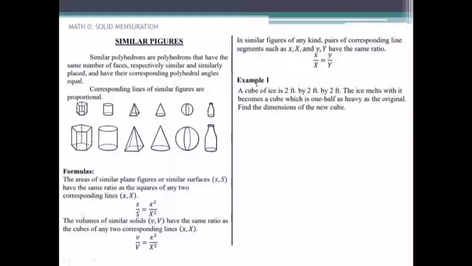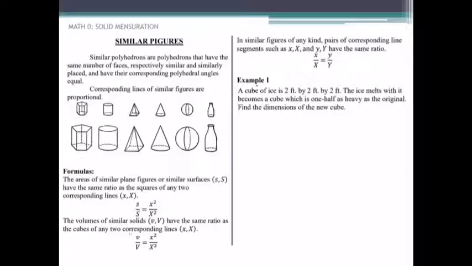Okay, so again, considering the areas of two figures, small s and capital S, and the corresponding lines, small x and capital X. You could also use S1 or A1, A2, then X1, X2 to make it easier.